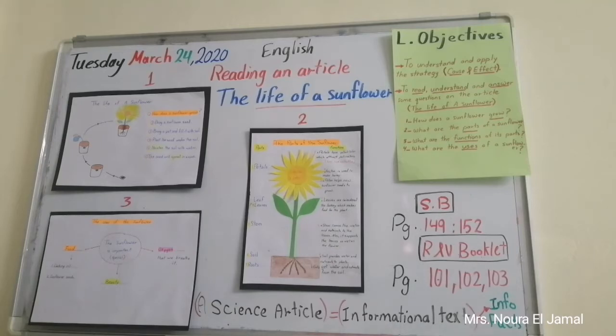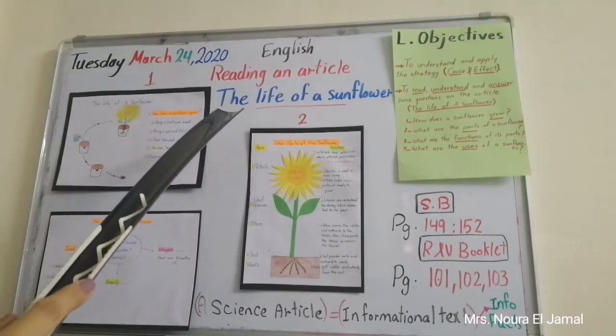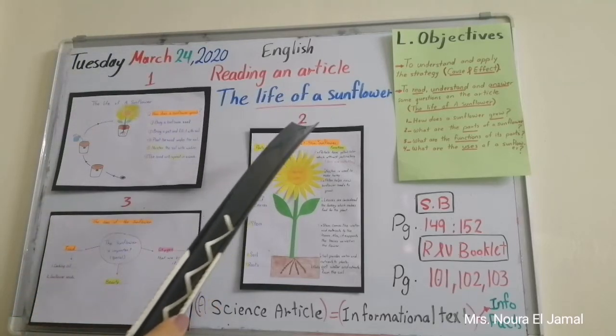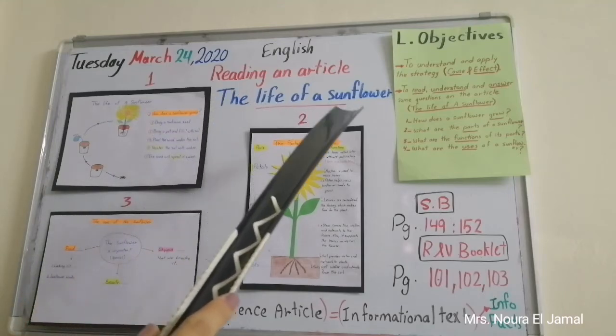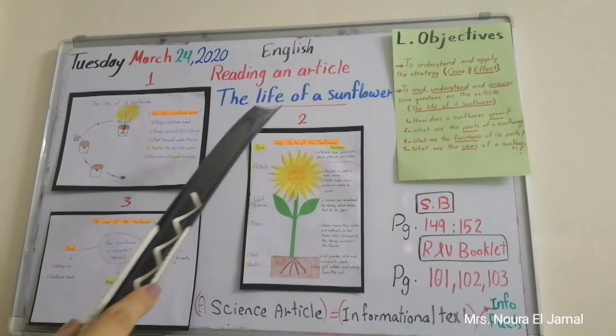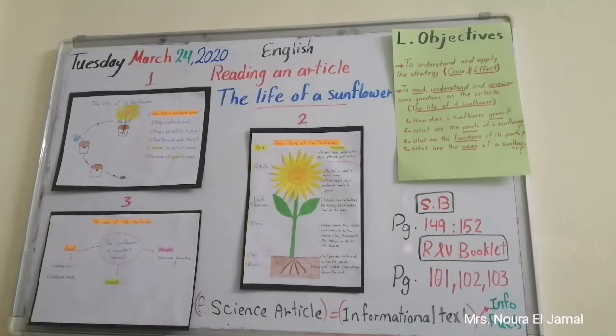So what's our topic today? Our topic today is the life of a sunflower. So from the title here, I understand that we will talk about the sunflower. We will talk about everything related to the sunflower.